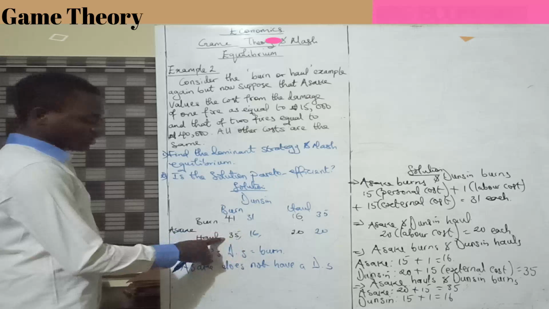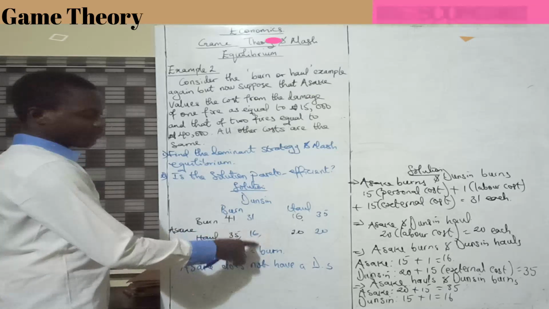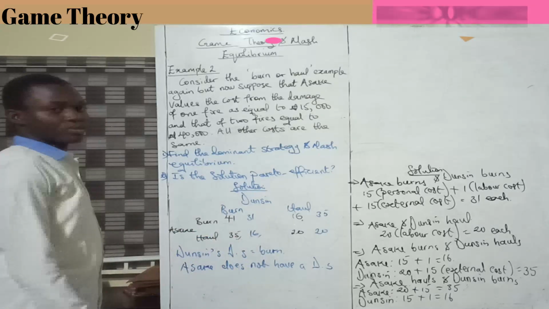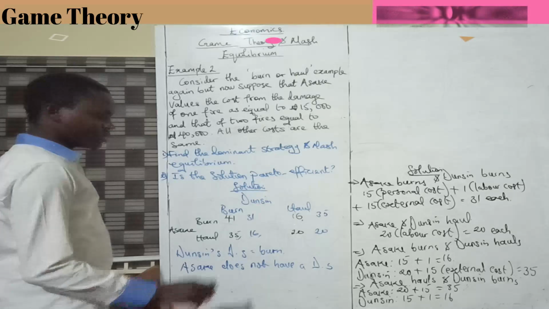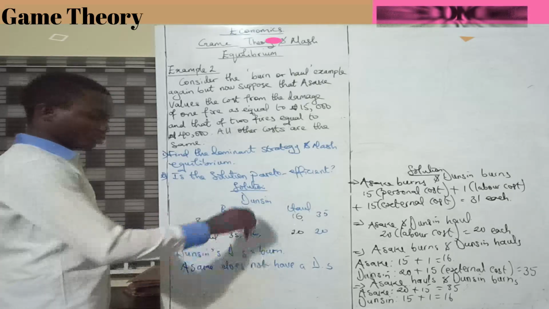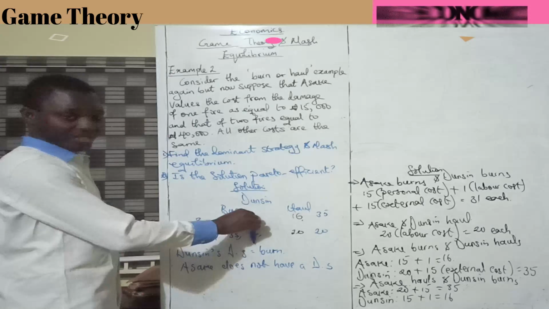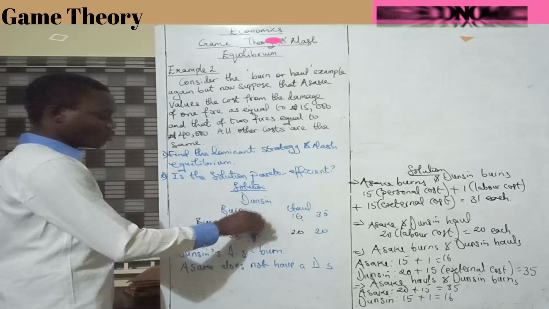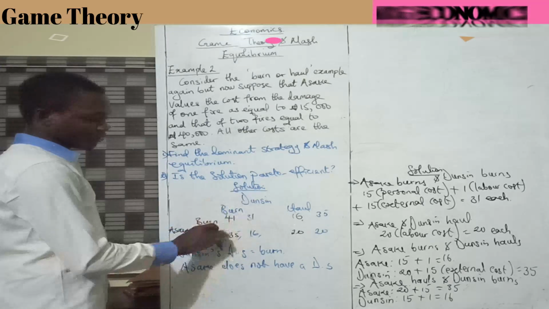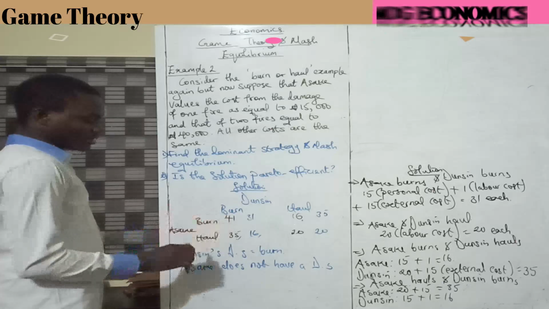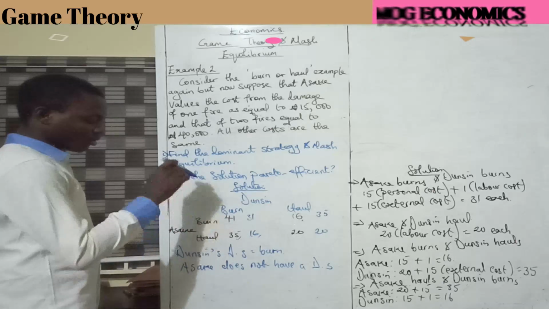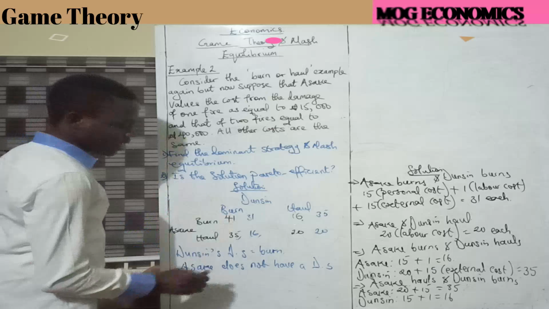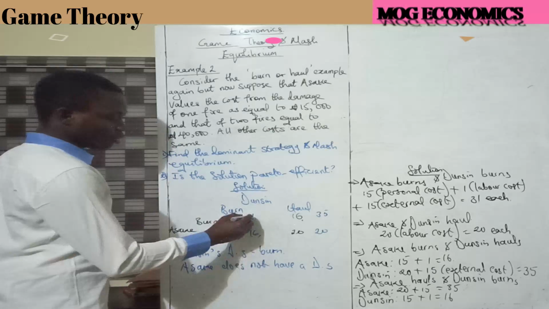So hauling for Ashake and burning for Dulce is the Nash equilibrium. Again, if you don't get it, if Dulce chooses to burn, we know Dulce will definitely burn, so what would Ashake do? It's going to pick 35 over 41. So that is the Nash equilibrium. The Nash equilibrium is for Ashake to haul and for Dulce to burn.